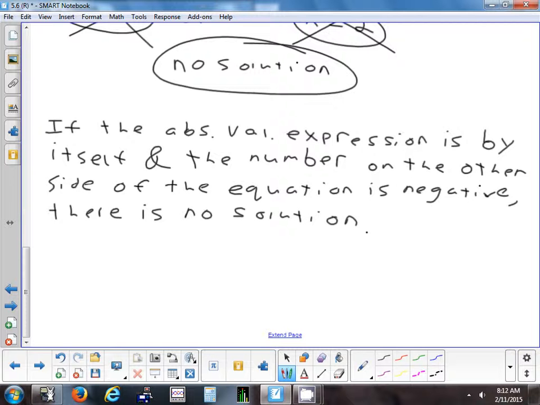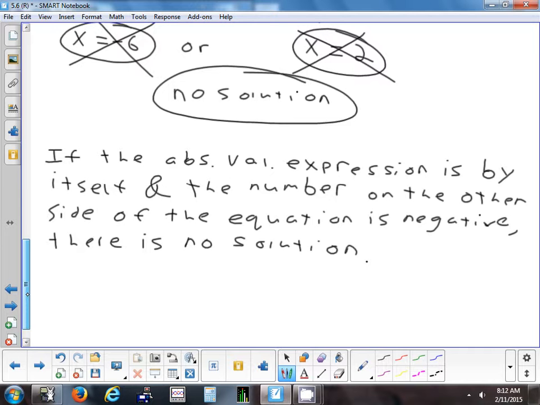Okay, so if the absolute value expression is by itself and the number on the other side of the equation is negative, then there is no solution.